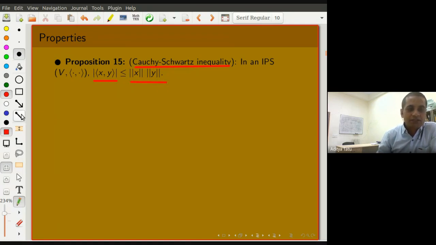In principle, you have seen this in your school days, right? You usually know this relation: cos theta between two vectors X and Y in R2 or in R3 or in any Rn is this, right? Now what can cos theta be?